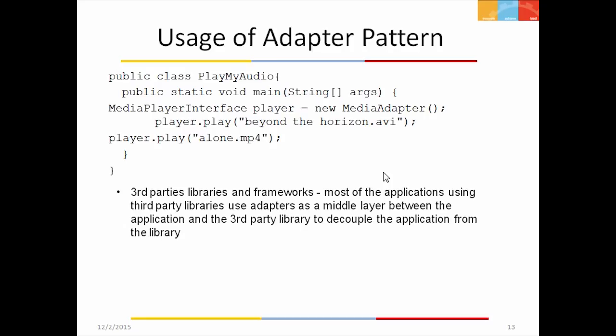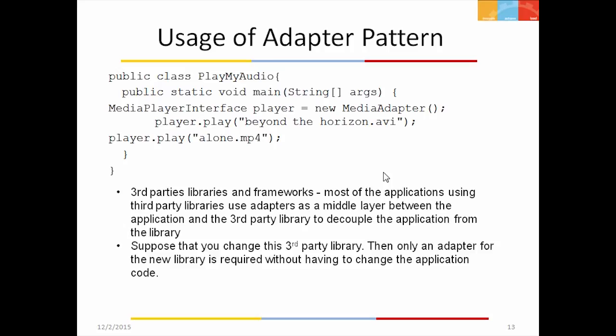The client remains the same. Because of that reason, adapter is heavily used in this case. So that's what I said: if you want to change a third-party library, then only the adapter for the new library has to be designed again. The rest would remain the same.